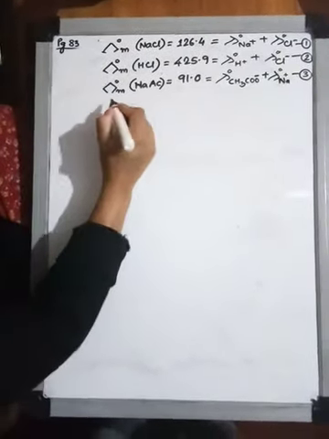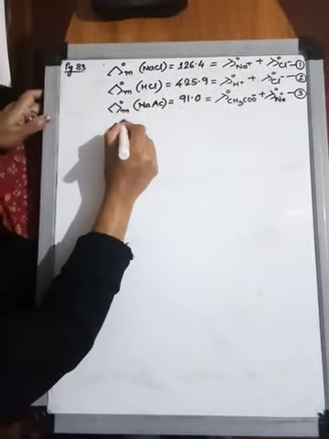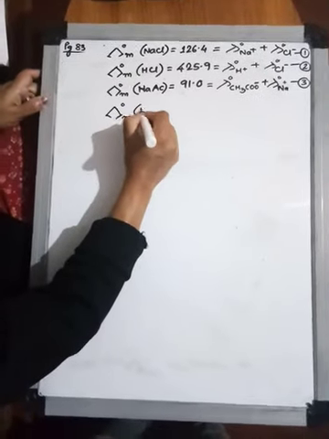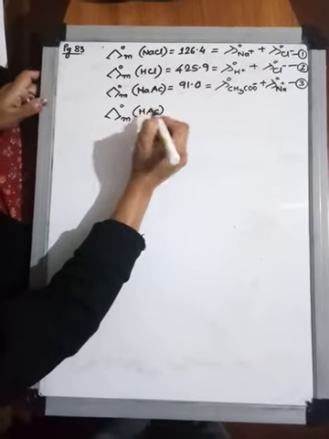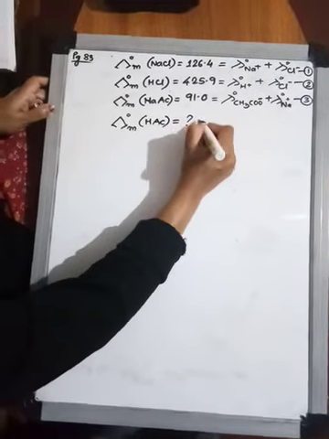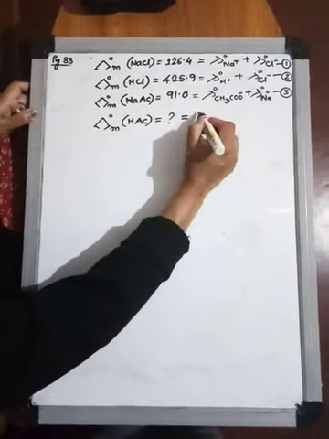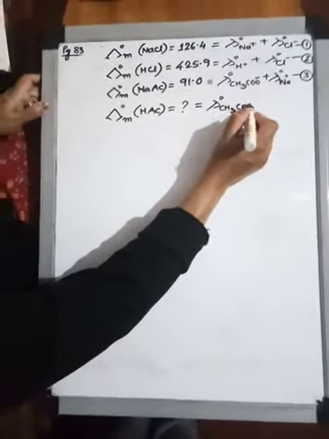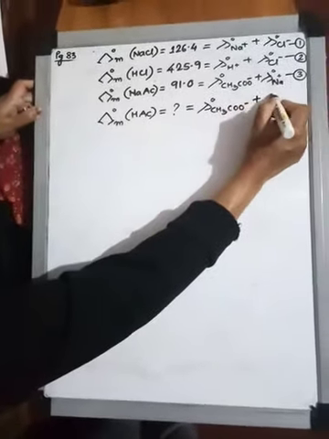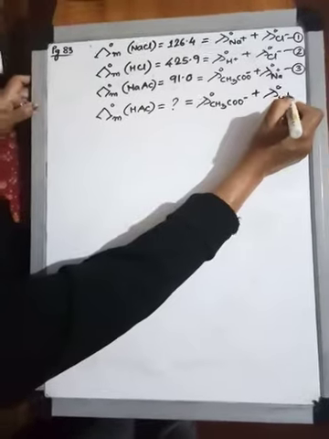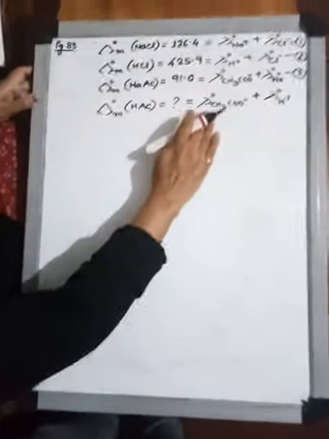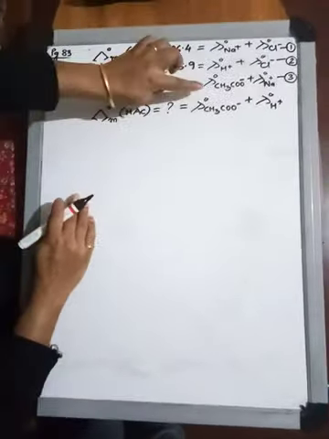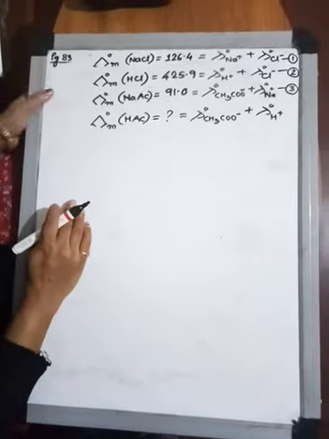They have asked you to find out lambda 0 m of HAC. So HAC we don't know, but if we break this up, it gives us lambda 0 CH3COO minus plus lambda 0 H plus. So we are to find out this, taking the help of these three equations.